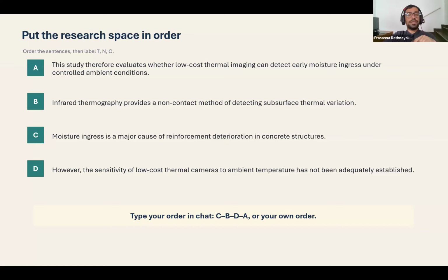This is like faster finger first, but there is no hurry. The accurate finger first. Choose between A, B, C, D, and tell me in the chat what is the order that you think creates the clearest research space.